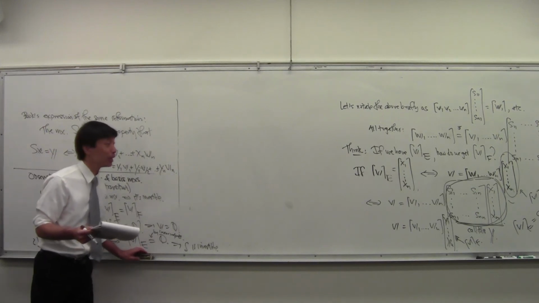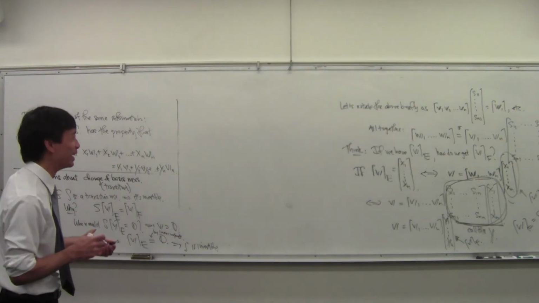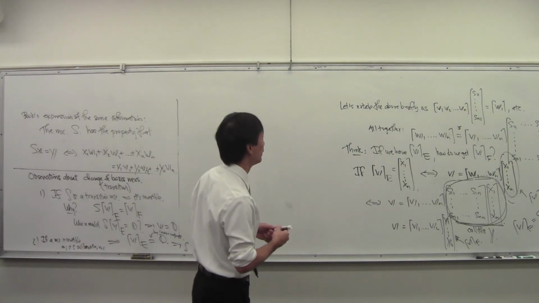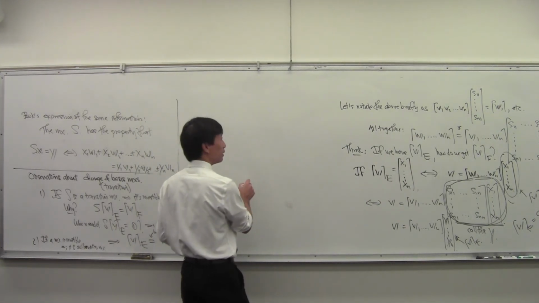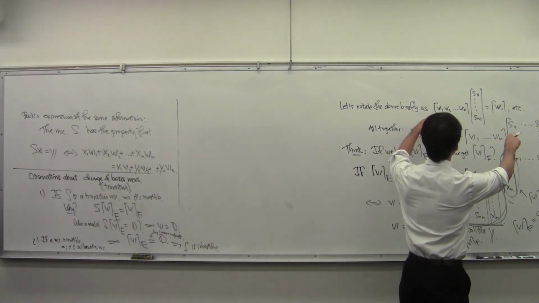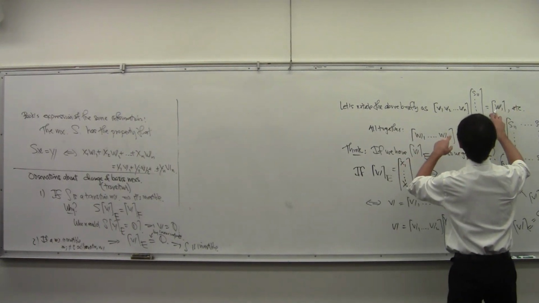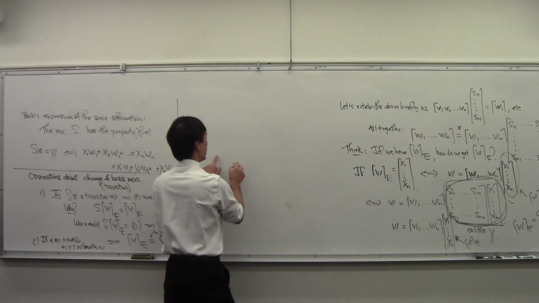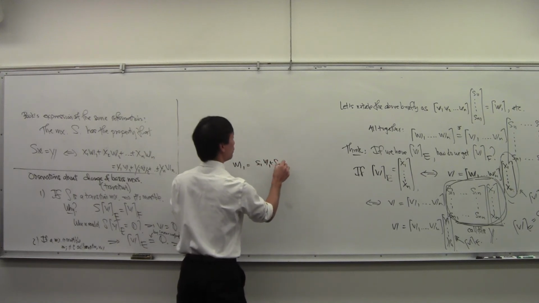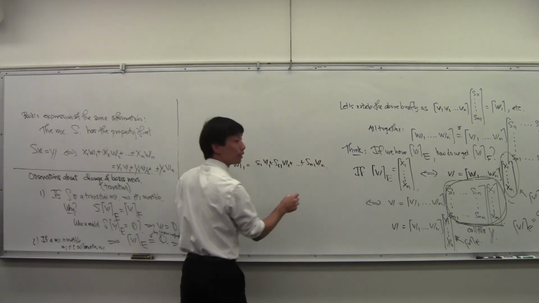Can I ask a question about the S matrix again? How did the S matrix end up transposed? Can you explain how the S matrix ended up with the transpose of those coefficients? Yeah. The reason is that W1 is S11 V1 plus S21 V2 plus up to Sn1 Vn, right?